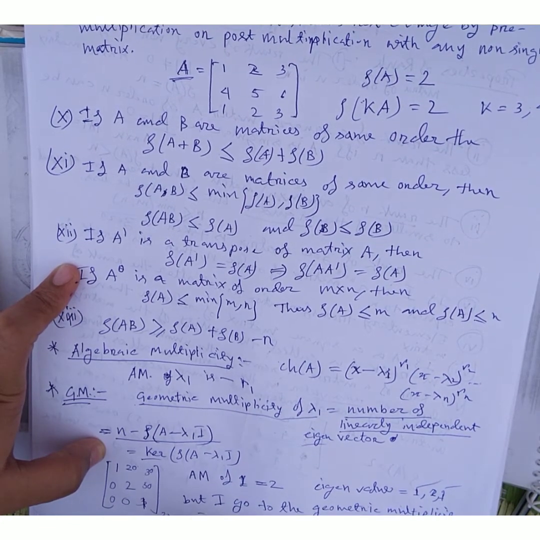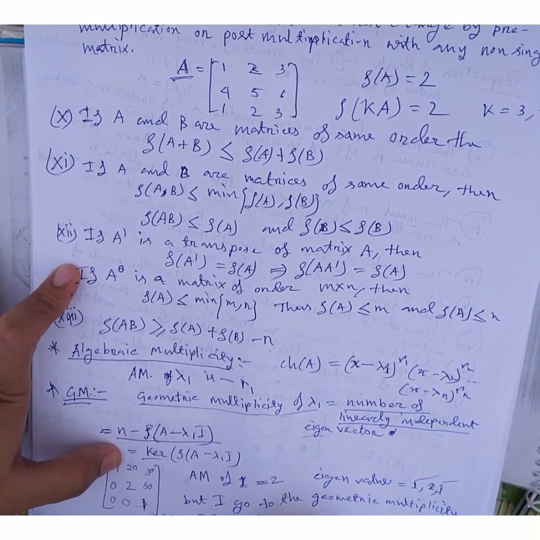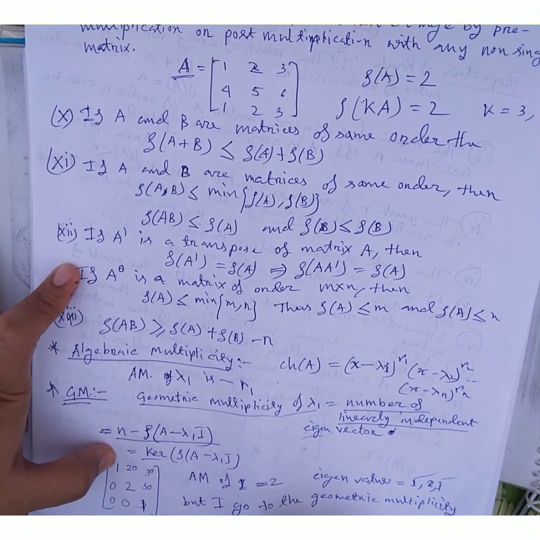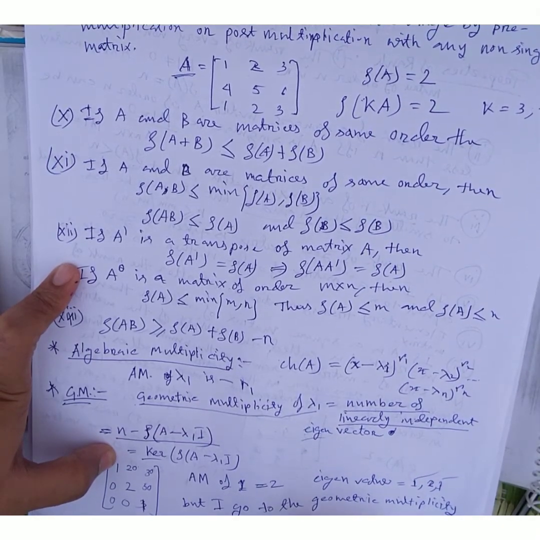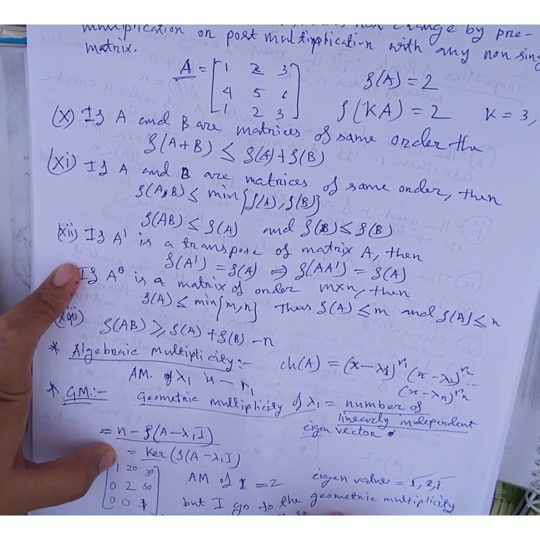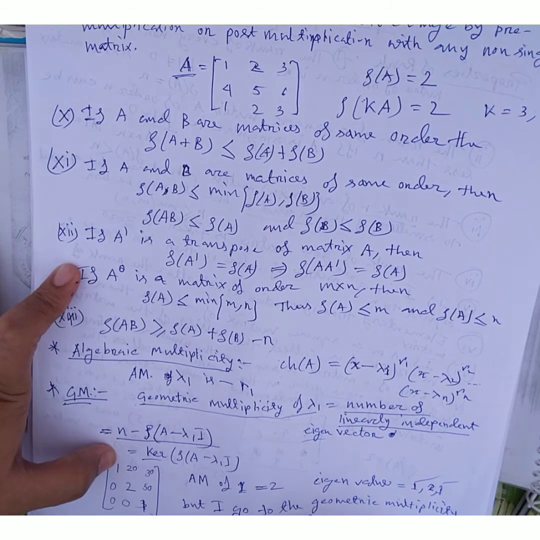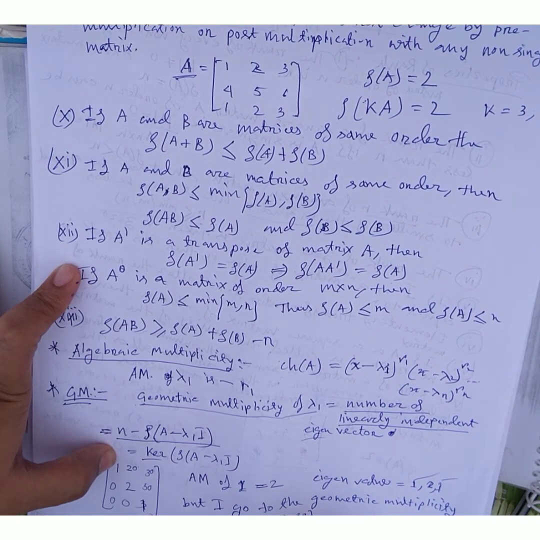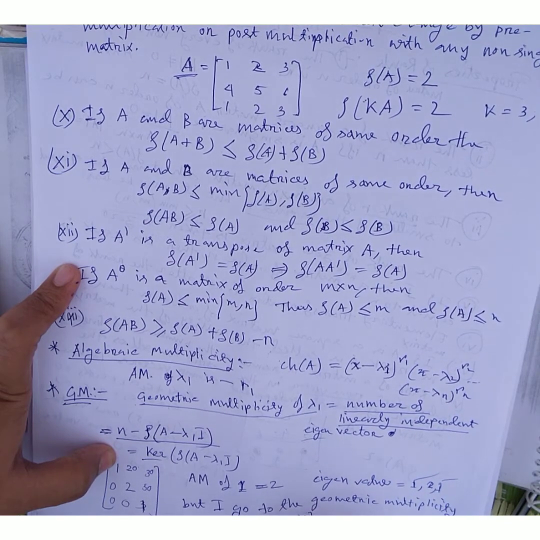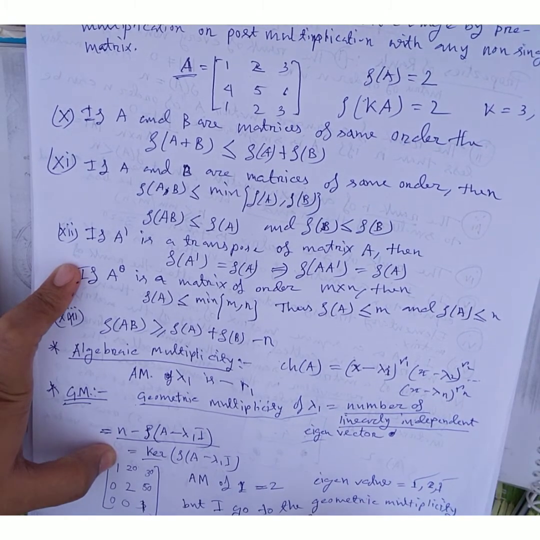N is a 3 cross 3 matrix, so it is 3, and when you do the multiplication of rows and subtract it, you get 0 0 0, 2 0 0, and 20 30 and 50. Then when I measure the rank, you will see that the determinant value is 0. 50 into 20 means 100, and another is 2 into 30.